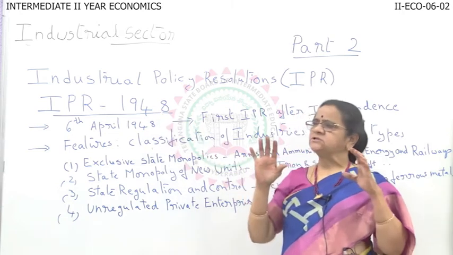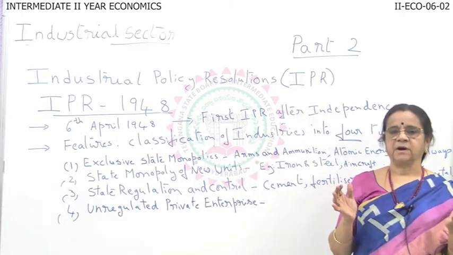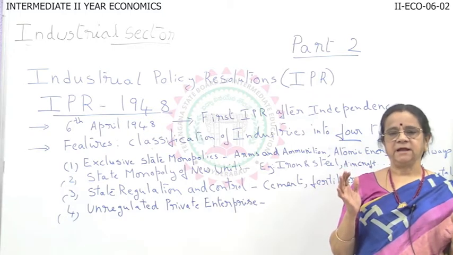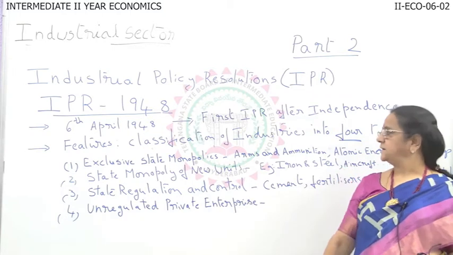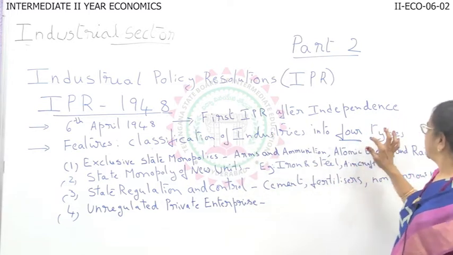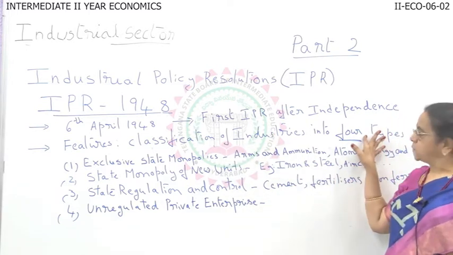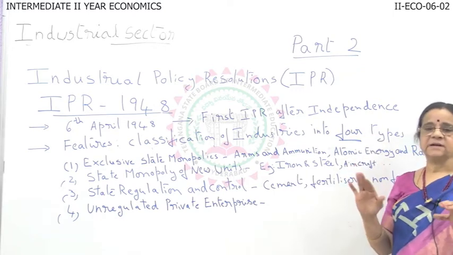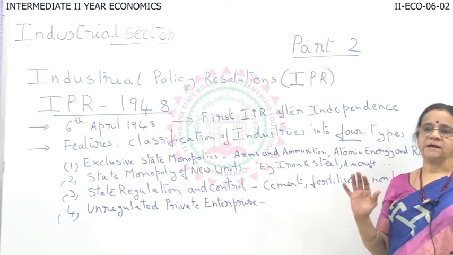The most striking feature of IPR 1948 is the classification of industries into 4 types. So industries in this policy were classified into 4 types.